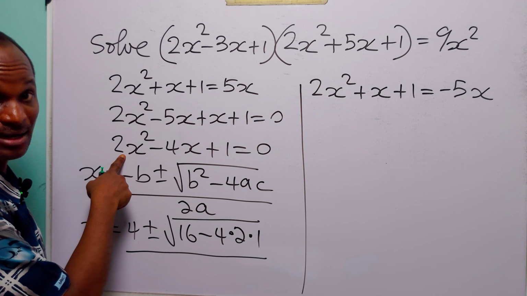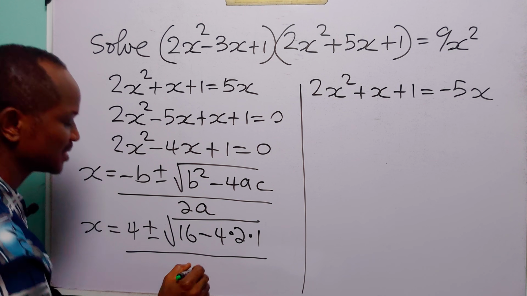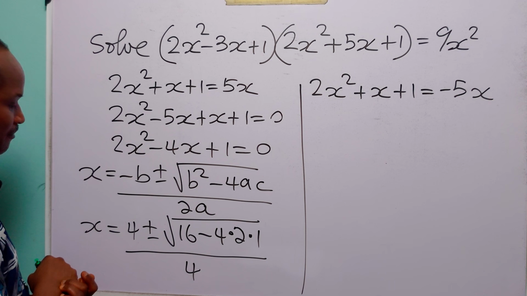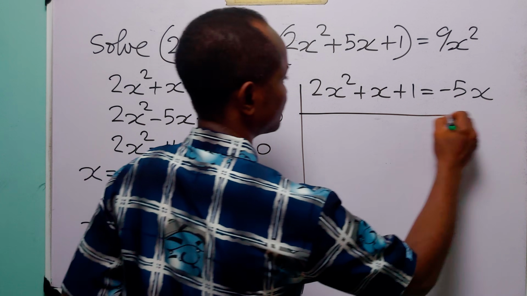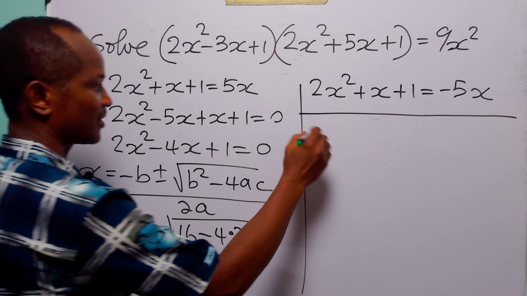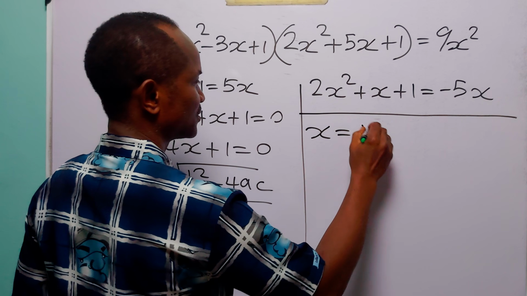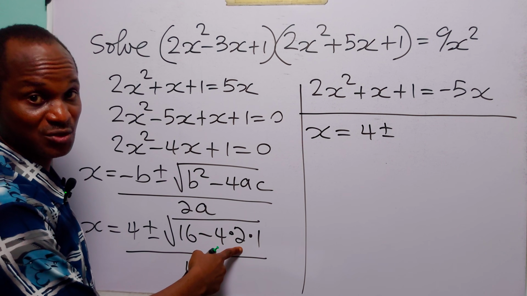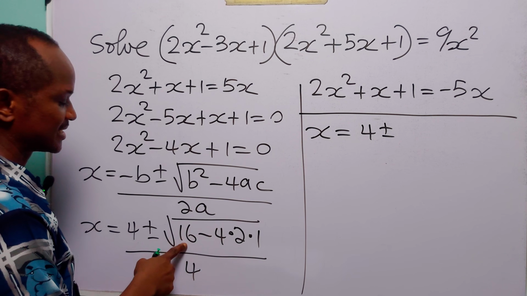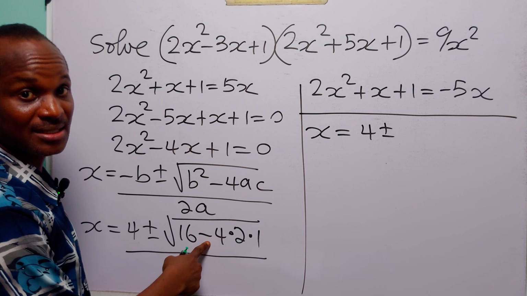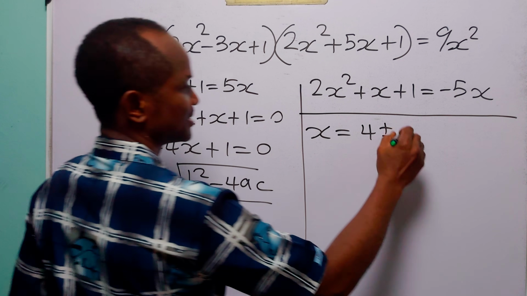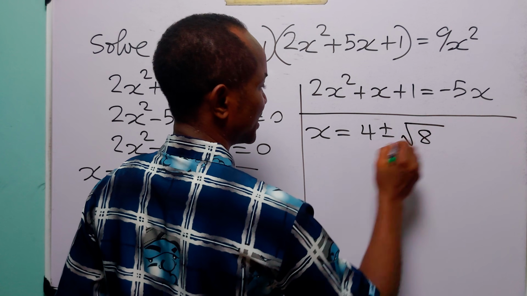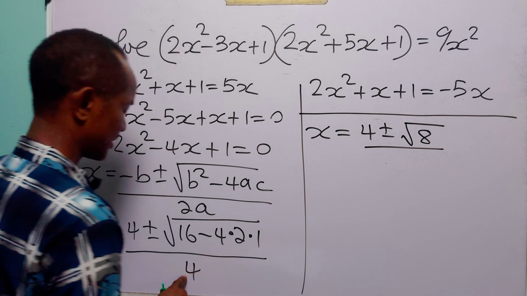Of course, a is equal to 2, and 2 times 2 is equal to 4. From here, we have that x is equal to 4 plus or minus the square root of 16 minus 8, where 4 times 2 is 8 and 16 minus 8 is 8. So this is the square root of 8 divided by 4.